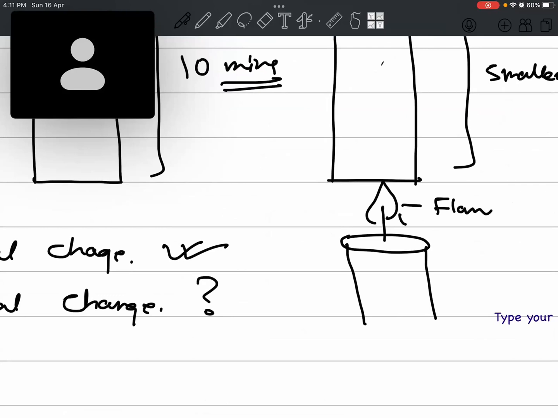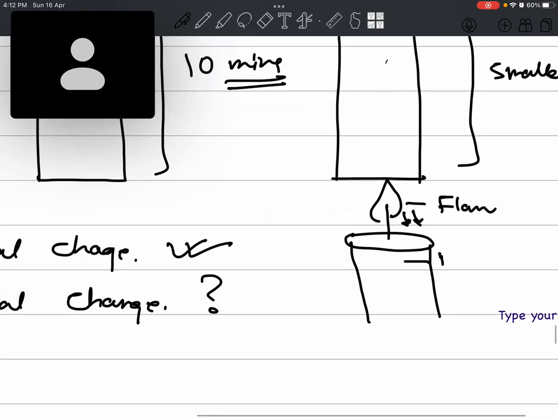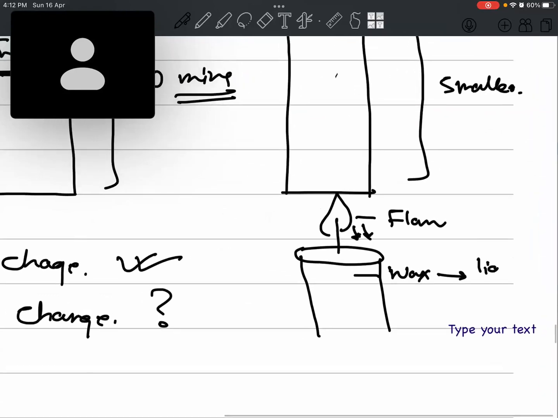Due to the heat of this flame, the wax is getting converted into what? Liquid wax. And when it gets converted into liquid state, it starts falling sideways like a drop, right? And after some time, it becomes hard. So that is the physical change.